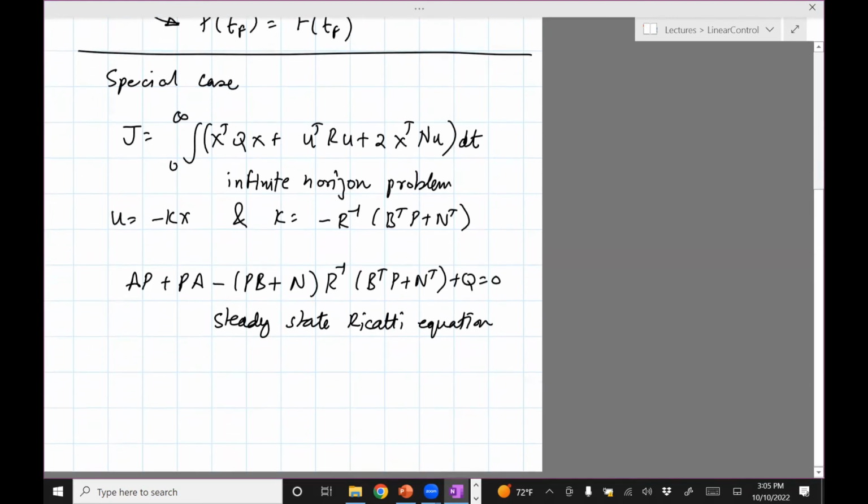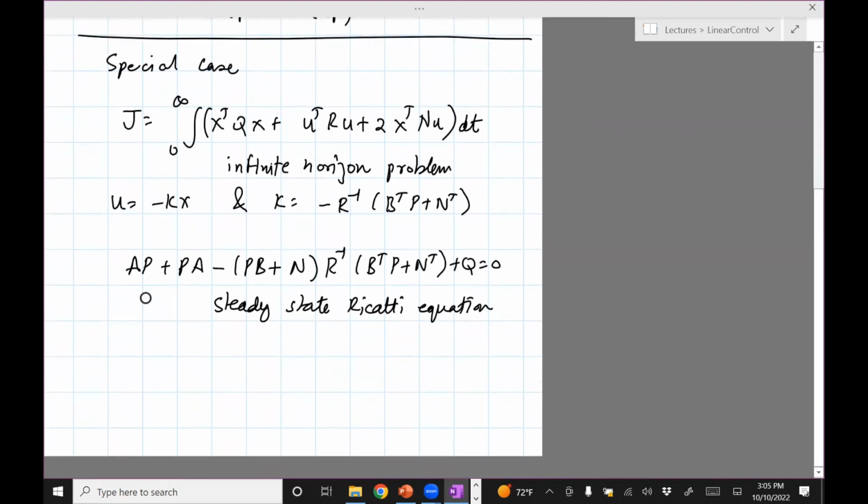Okay, so we will not really solve this. What we'll do is we'll basically use the controls module and get the gain K. So if you use this command, K, P, E equals control.lqr and supply it with A, B, Q, R, N, and N can be 0, as I said, R can be 0.